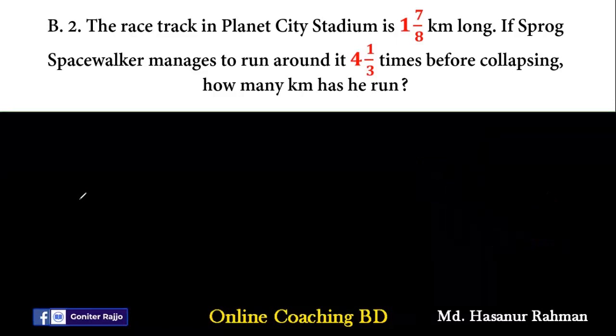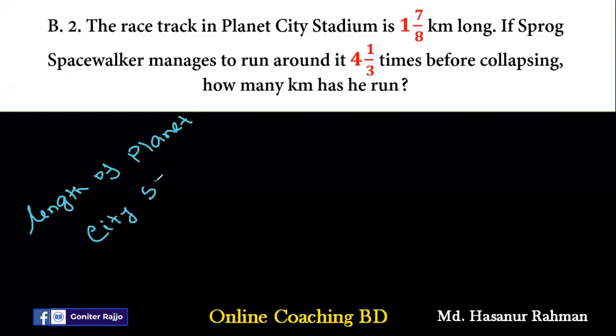So how will you write it in the exam? We can write in this way: length of Planet City Stadium equals 1/7 by 8 kilometers.